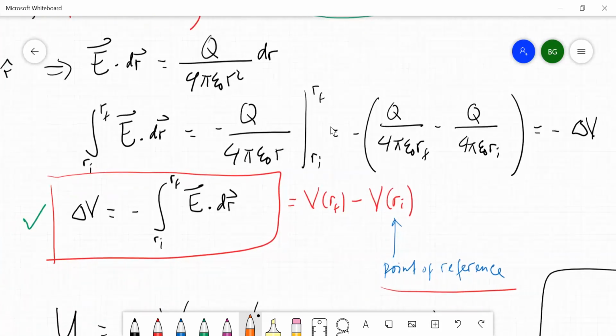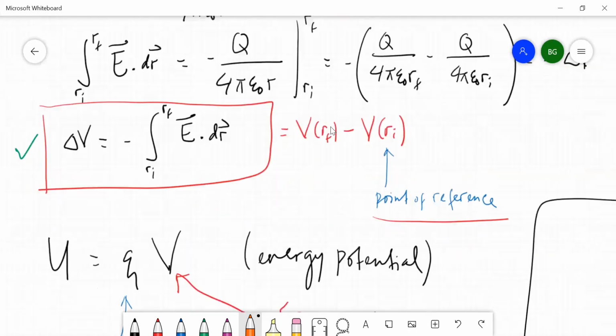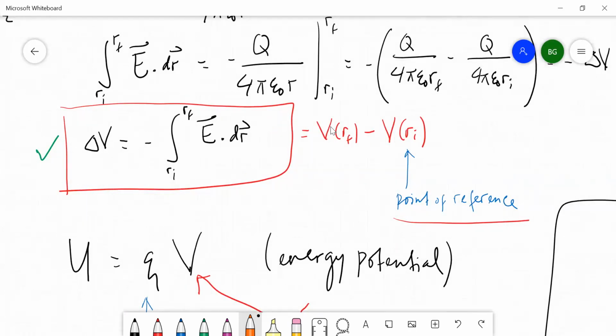From this example, we can conclude, this is a deduction, that delta V is equal to minus the integral from Ri to Rf of E vector dot dr vector.